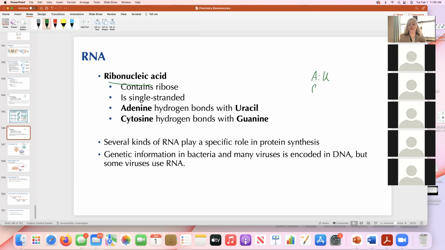We still have cytosine forming its 3 hydrogen bonds with guanine. I can write that back correctly. All right. Now we're going to have lots of different types of RNA, and they're all going to play a role in protein synthesis. Yep, Saba?